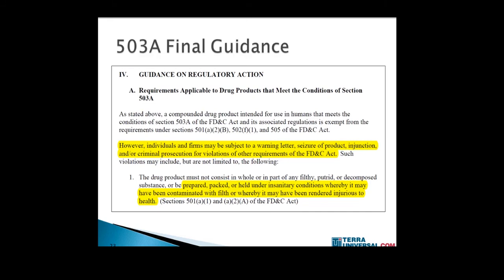So you should also note the language used towards the bottom where the FDA defines the possible violations using very broad and subjective terms such as insanitary conditions and may have been rendered injurious to health. What this does is it grants the FDA a large amount of discretion in its inspections, and unfortunately it leaves very little wiggle room for compounding pharmacies found to have any violations.